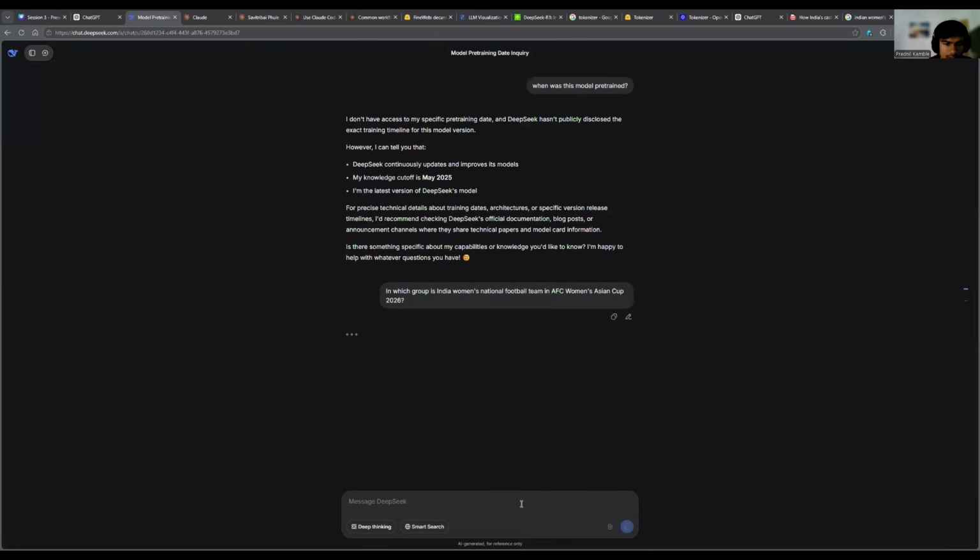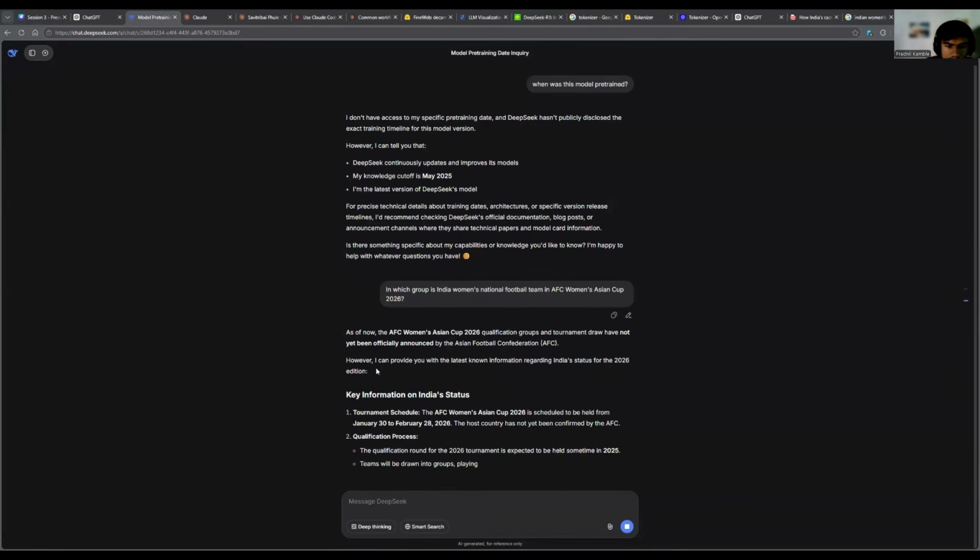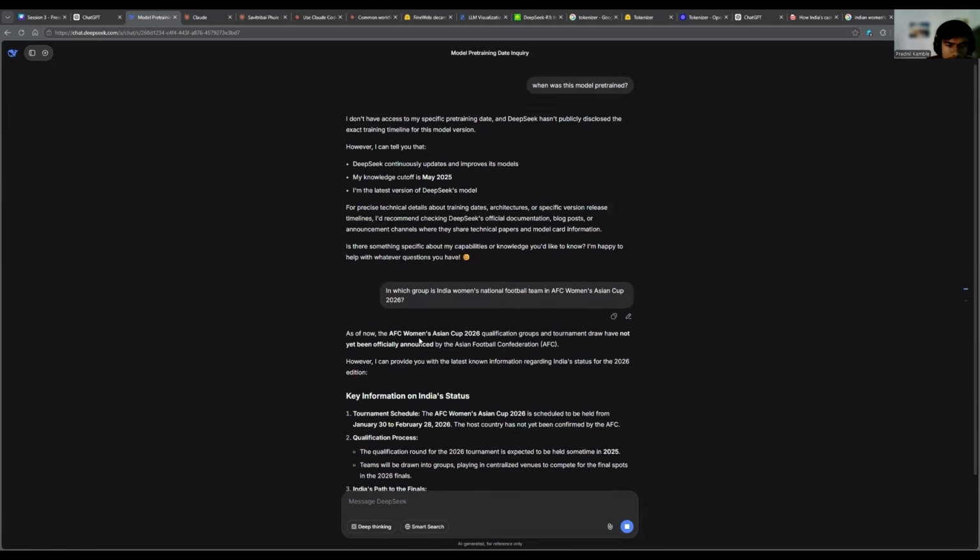Let's see what the model says. As of now, the AFC qualifying groups and tournament draw have not yet been officially announced, obviously, because the model has no idea since it is just trained until the data of May 2025. So the model does not know what's going on.